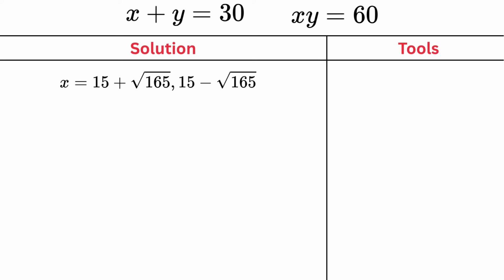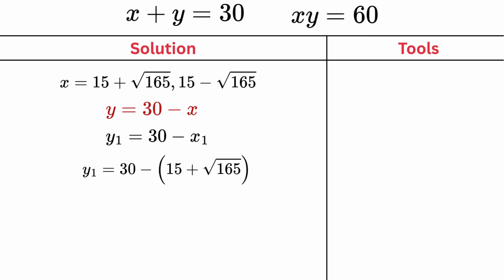Now in the next step, we find the values of y. From earlier we had y is equal to 30 minus x. So y1 is equal to 30 minus x1. For the first value of x, which is 15 plus square root of 165, we take 30 minus bracket 15 plus square root of 165.